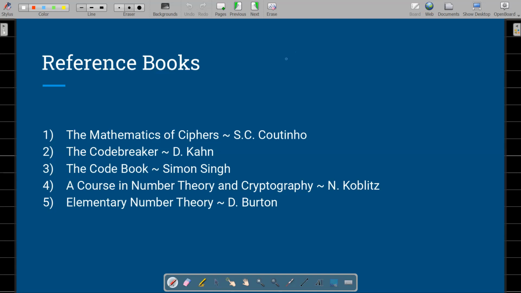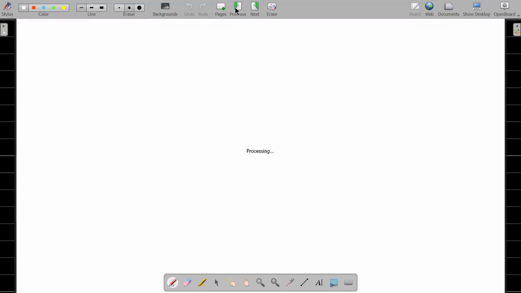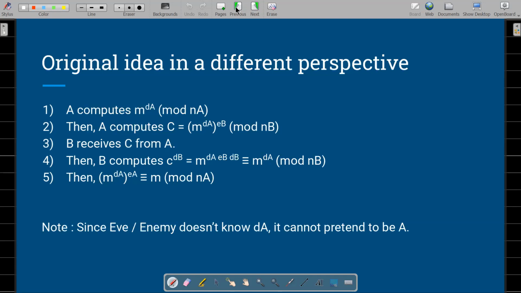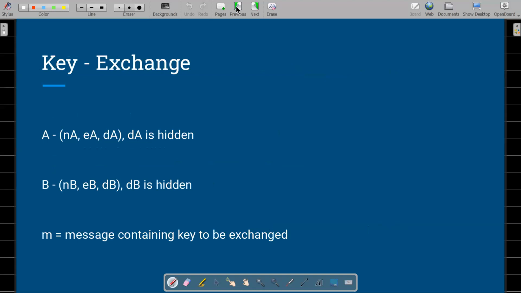Can you go to the previous slide? Yes, sure. Sir, this slide and the one before, you didn't explain these two things. This is about how the key should be exchanged from A to B on a safe channel without actually meeting. That can be done using the RSA algorithm.